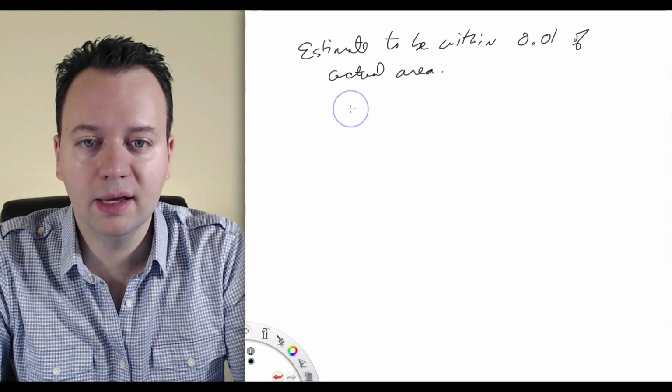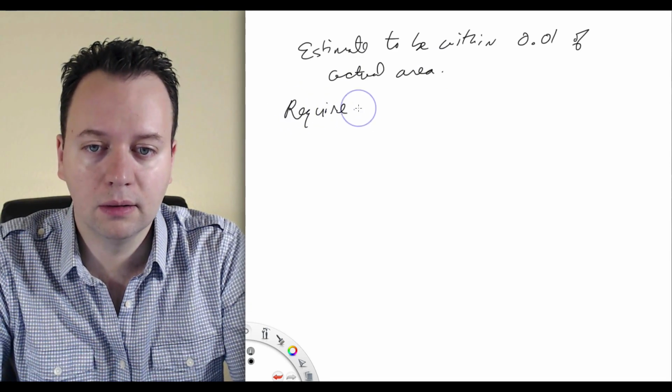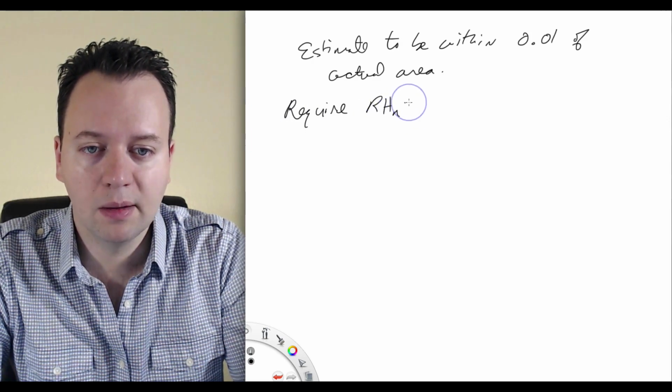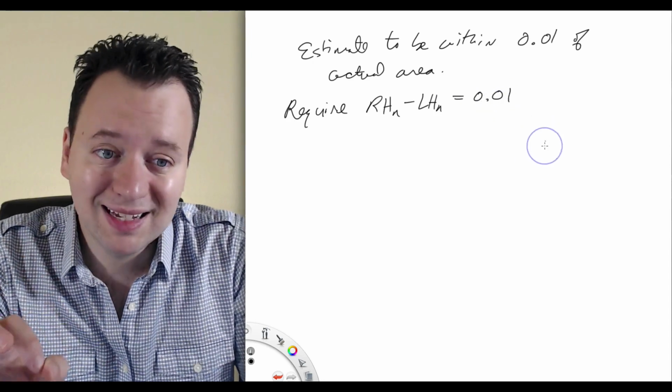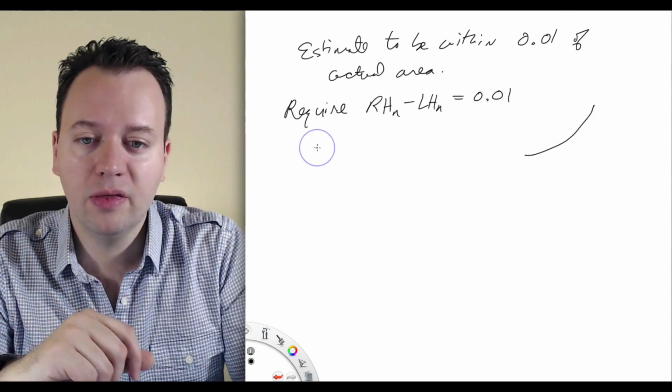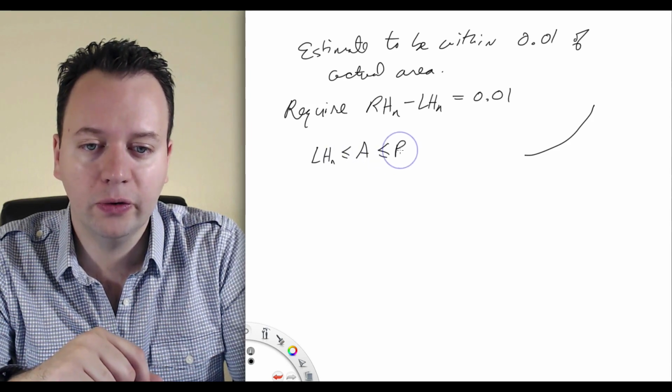So the way to do this is to basically require the right-hand sum minus the left-hand sum to equal 0.01. Because it's an increasing function, we know that the left-hand sum is less than or equal to the true area, less than or equal to the right-hand sum.